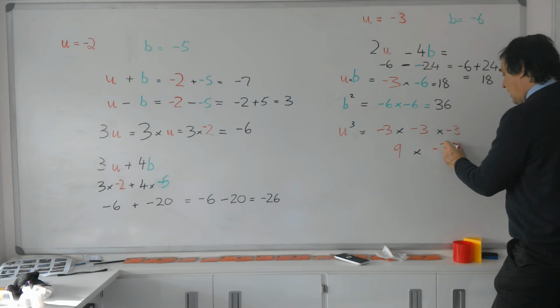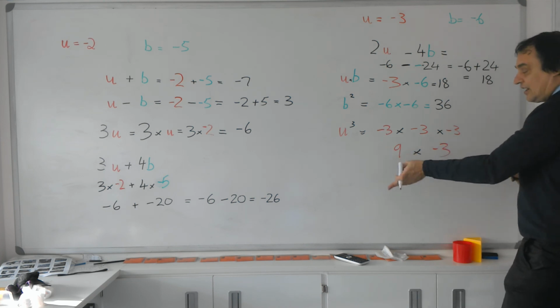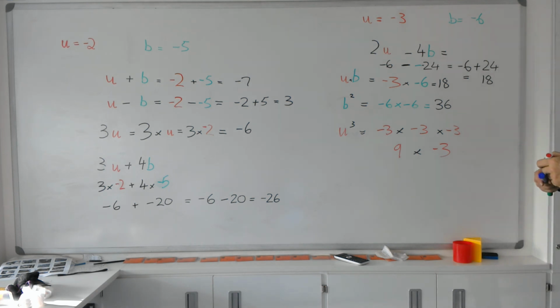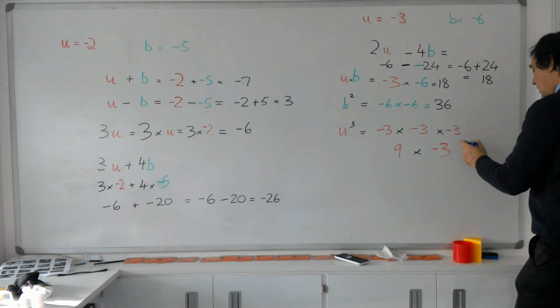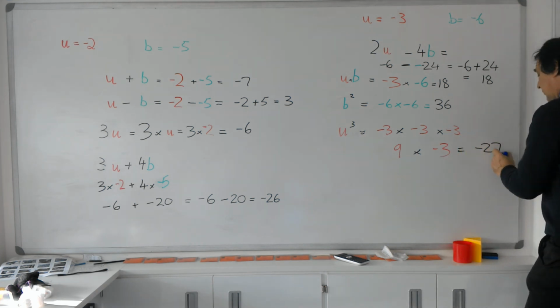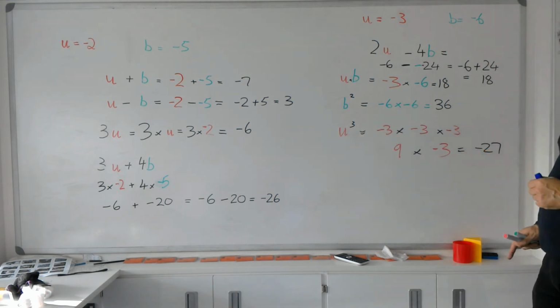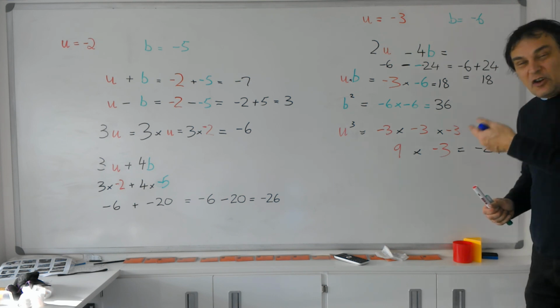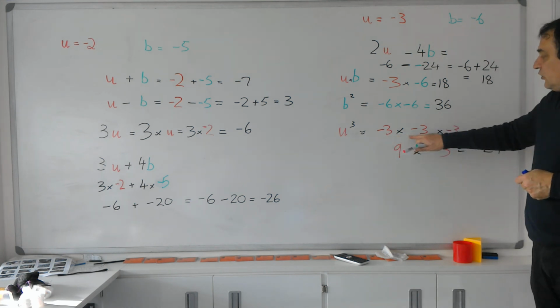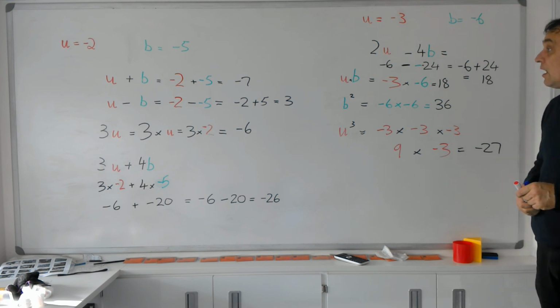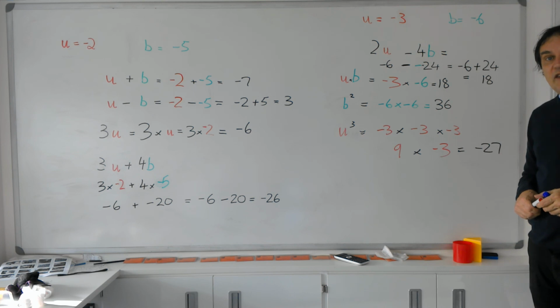So 9 times -3 then gives us -27. So in other words, if you cube a minus number, you still end up with a minus answer, because it's an odd number of minus signs. These two make a plus, but then the other one puts it back to a minus again. So there we go. That is substitution when you've got negative numbers.